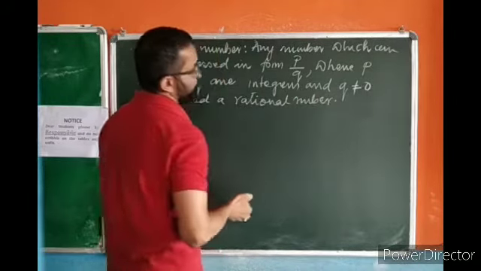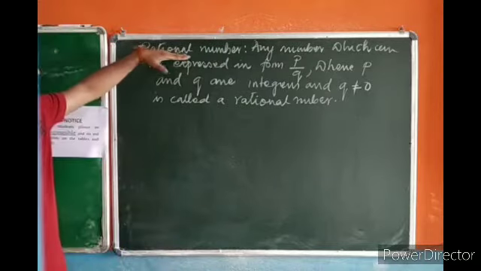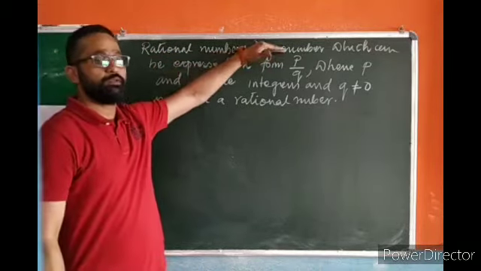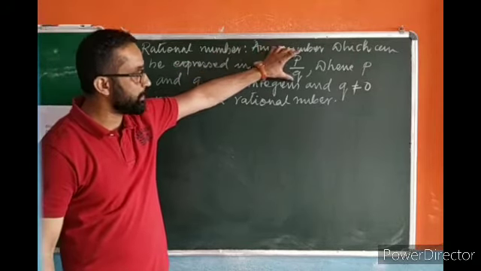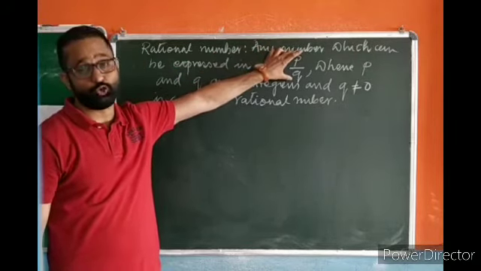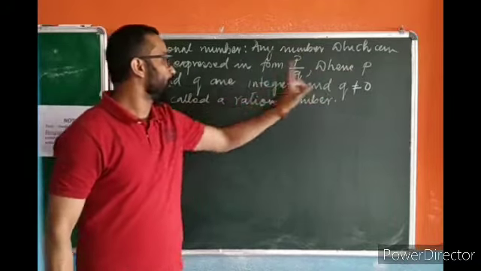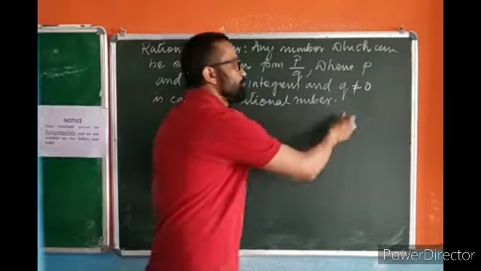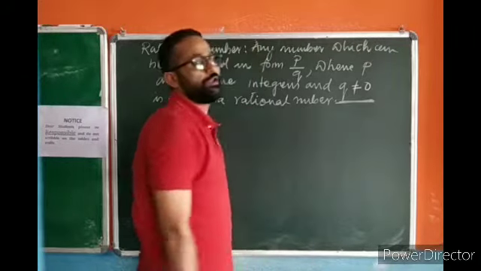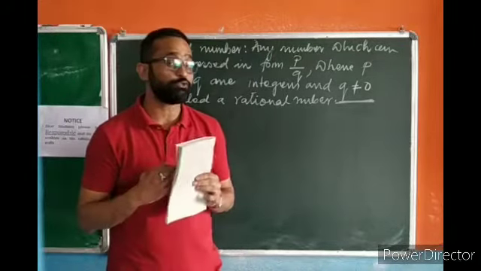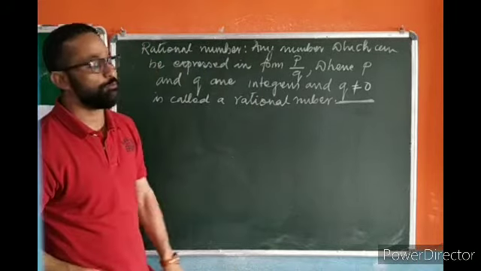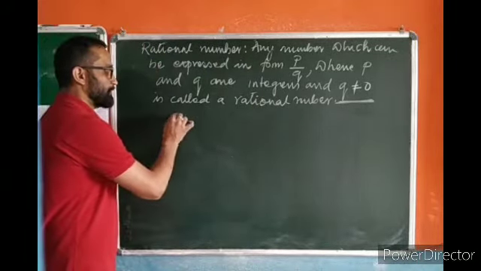Look at the definition here. A rational number is any number which can be expressed in the form P by Q, where P and Q are integers, and you have to remember this condition: Q should not be equal to 0. Look at this example.